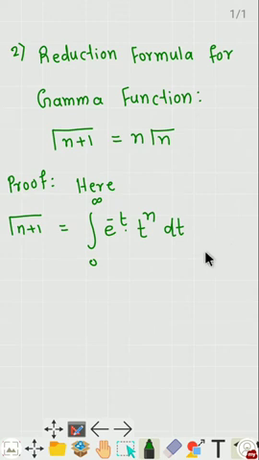Now just try to simplify this right hand side. On the right hand side we have an exponential function, and the second is an algebraic function.